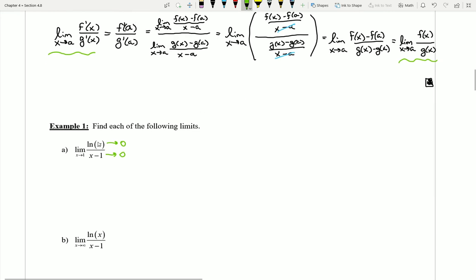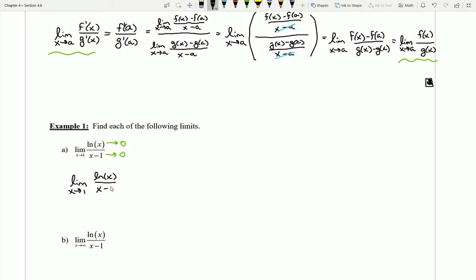So I can see here that yes, my natural log function is continuous near 1. My polynomial function is definitely continuous, or sorry, differentiable near 1. And I have the form of 0 over 0. So now I know that I can use L'Hopital's rule. So let's think about what L'Hopital's rule would actually state here.